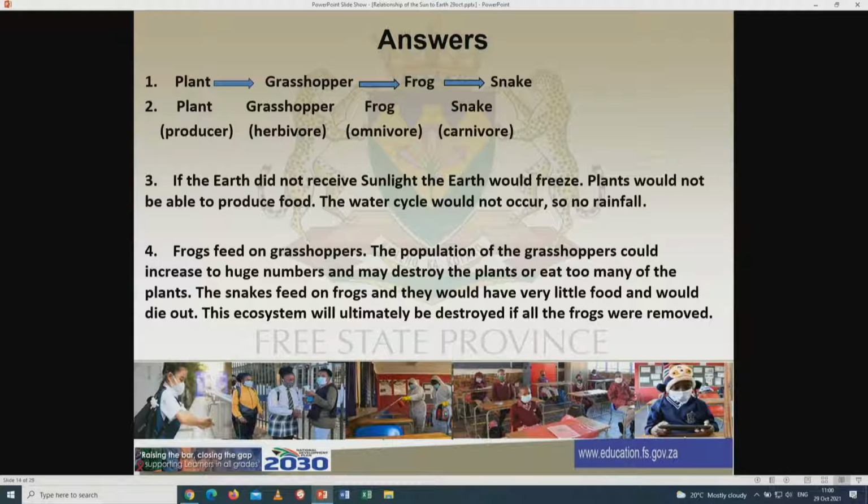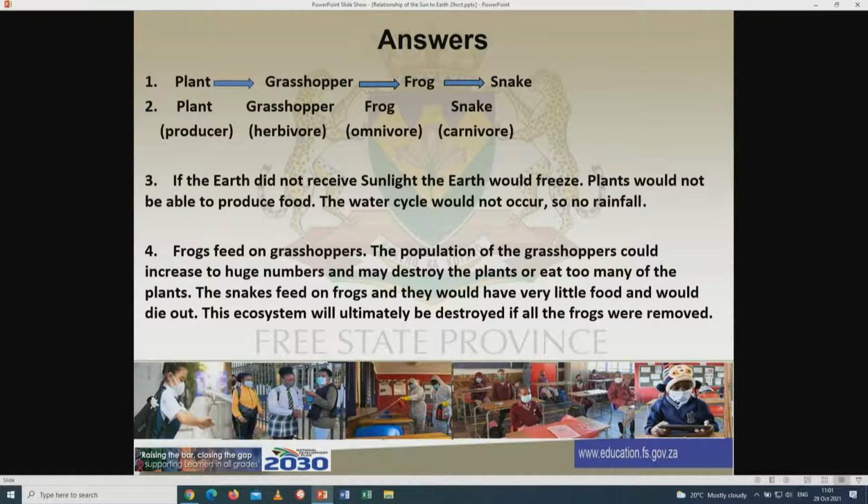The snake feeds on frogs and they would have very little food and they would die out. This ecosystem will ultimately be destroyed if all the frogs were removed. I hope you got it, grade 7s. Now, that is the end of that part of our topic.